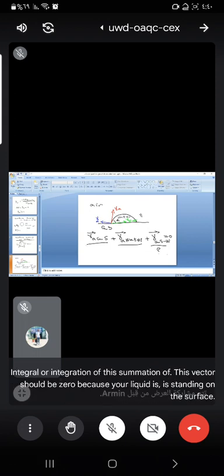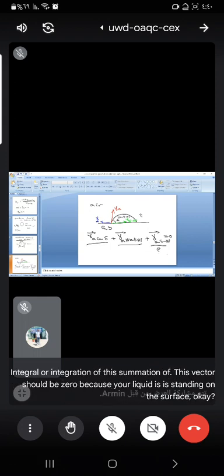And if you consider these three as vectors, these vectors are in equilibrium. So the summation of these vectors should be zero because your liquid is standing on the surface of the material.